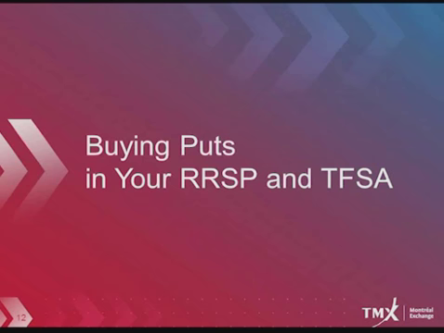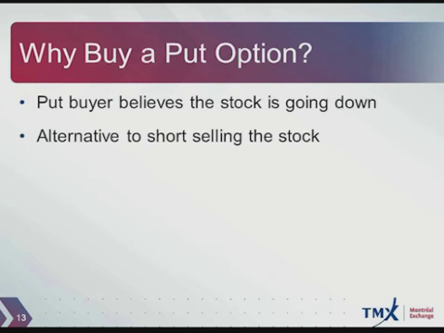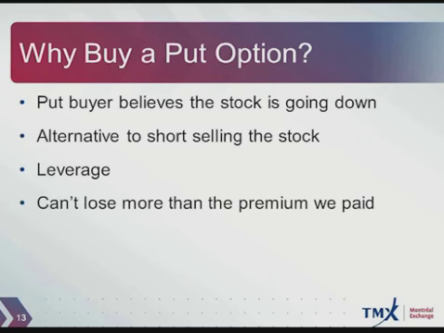We could actually turn around and instead of short selling the stock, which we can't do in our RRSPs, we buy a put option, and that put option gives us an opportunity to leverage our capital, and we also can't lose more than the premium we've paid. So we have a lot of the same characteristics and benefits of the call option, except we're just simply taking advantage of the opposite directional bias.